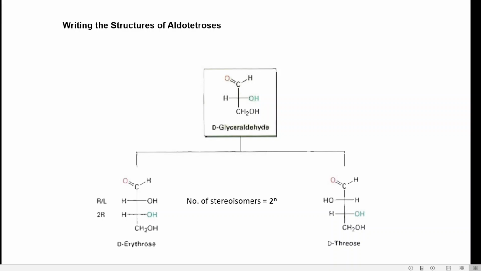We have to look at the chiral center, and we know that the number of stereoisomers is equal to 2 raised to the power n, where n is the number of chiral centers. So glyceraldehyde could have two stereoisomers. Out of them, one is D-glyceraldehyde and the other would be L-glyceraldehyde.